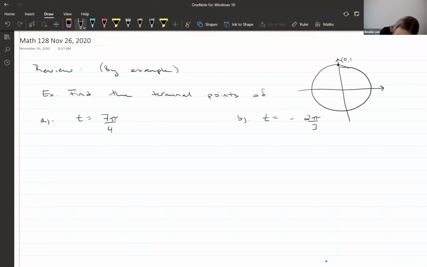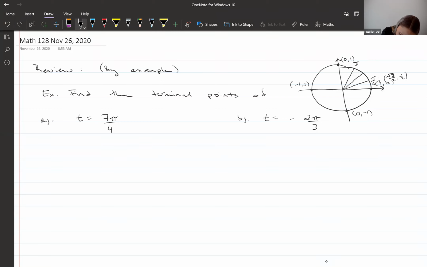this point here is at 0, 1. This point here is at negative 1, 0. 0, negative 1, and 1, 0. We also talked about splitting this into pi over 6, which was at the point, let's see if I can remember, root 3 over 2 and 1/2.